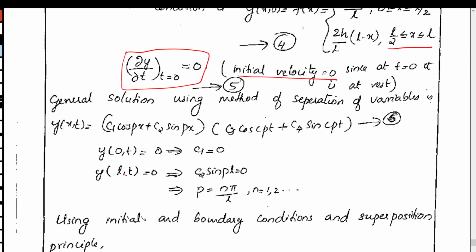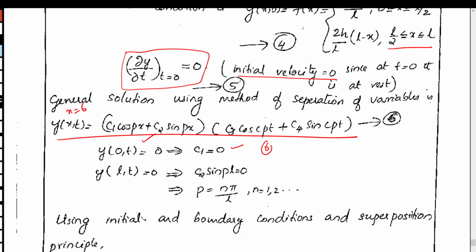The general solution of the wave equation by the method of separation of variables is given by y x t is equal to c1 cos px plus c2 sin px into c3 cos cpt plus c4 sin cpt. Let us apply the first boundary condition that y of 0 t equal to 0. When we substitute x is equal to 0 in equation 6, we obtain c1 is equal to 0.